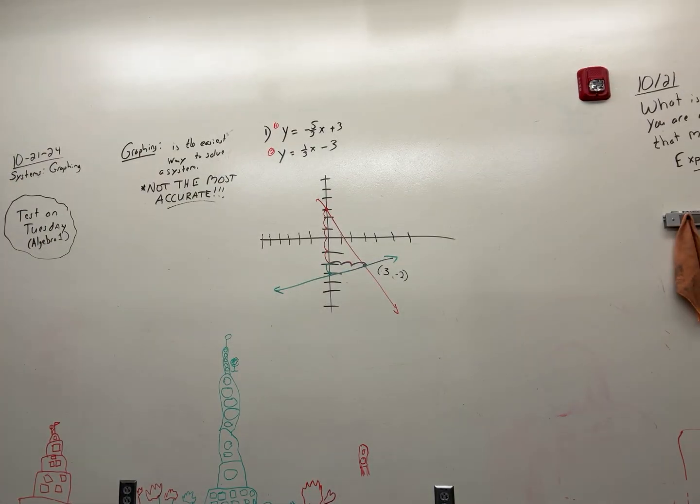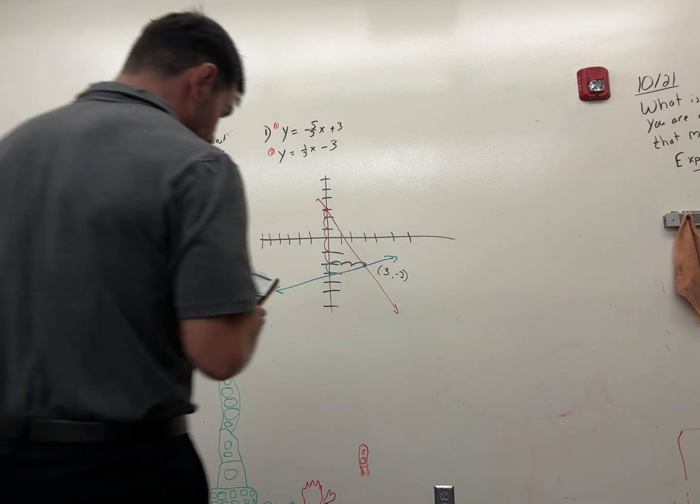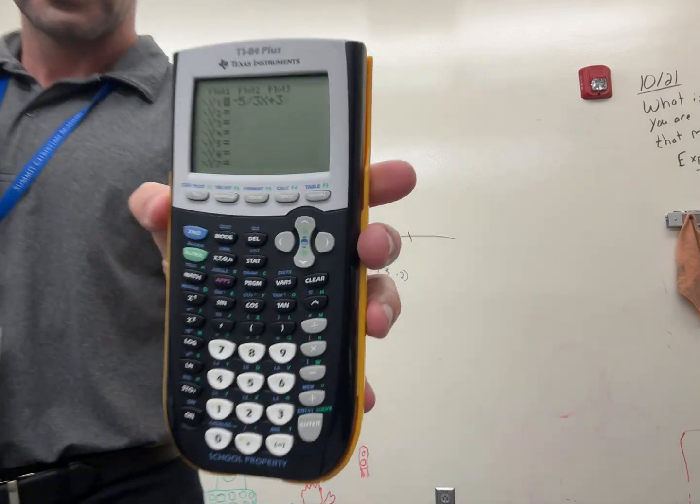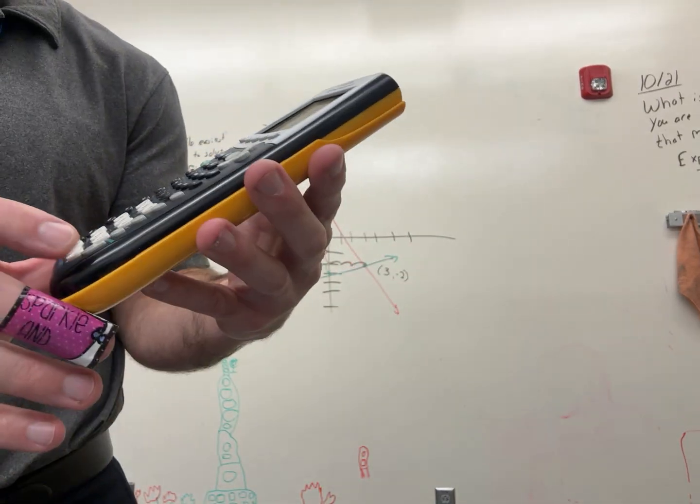Okay, so you should have something that looks like this. So first we're putting in -5 divided by 3. And then see this button right here? The X, T, theta, N. Yeah, 5/3 x. Good. Then put +3. So we have this equation. Press enter.